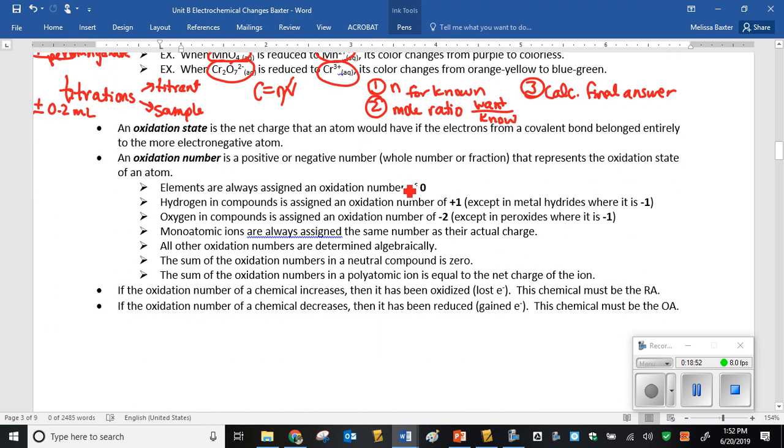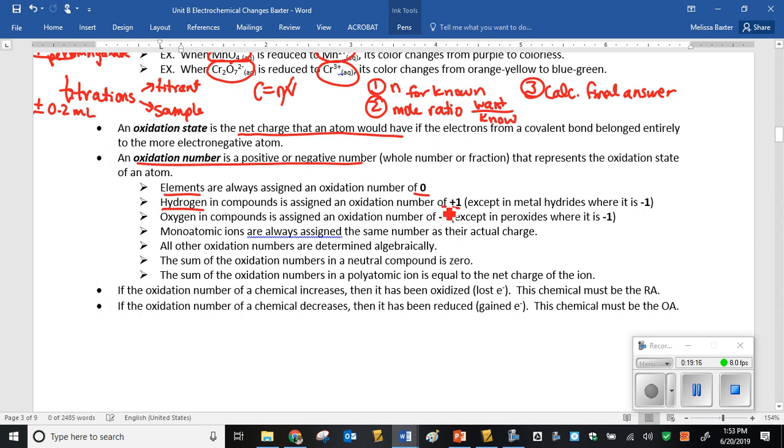Next thing, oxidation state, which leads us to oxidation numbers. Oxidation state is the net charge that it would have if it had all of the electrons. And so we assign oxidation numbers to represent that. So those are the rules for oxidation numbers. Elements always have 0 as their number.